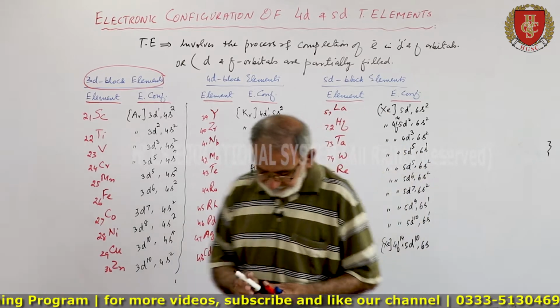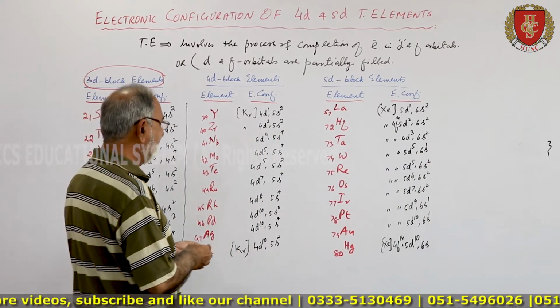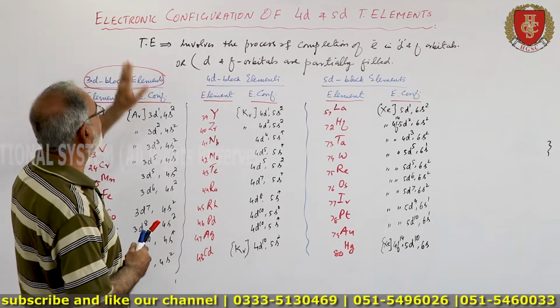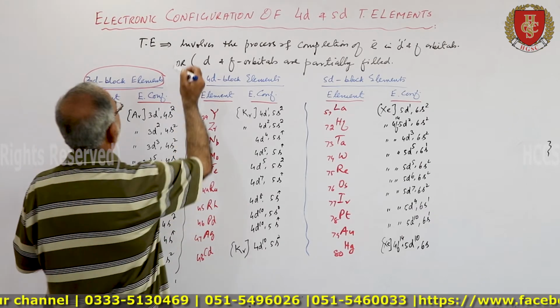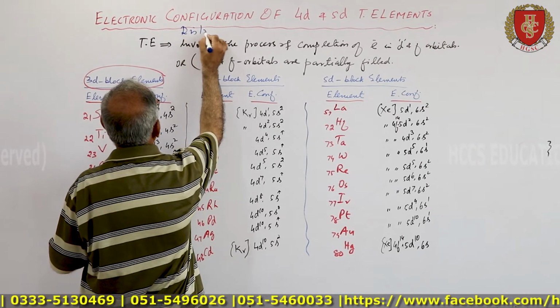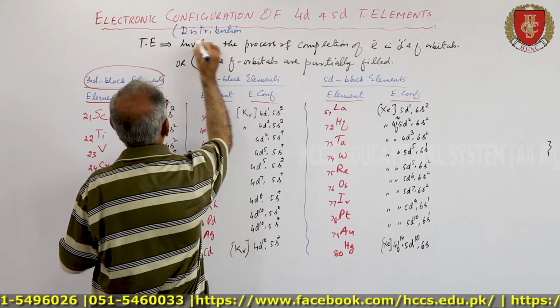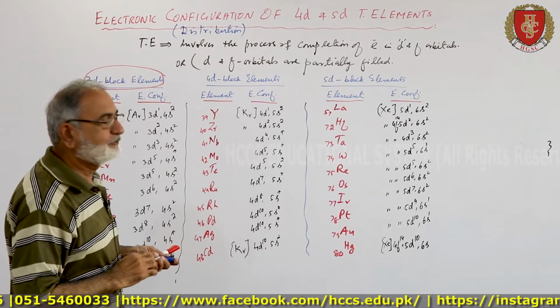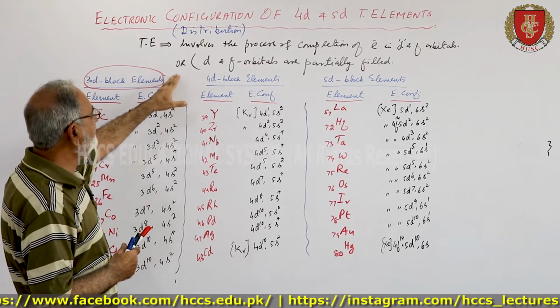Now this is basically the table describing the electronic configuration, or you can say the electronic distribution, of 4d and 5d transition elements.